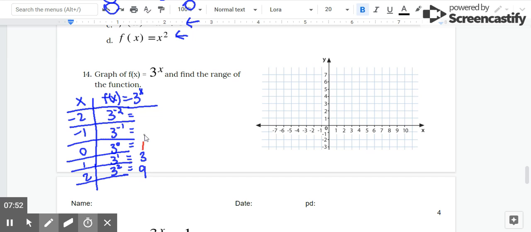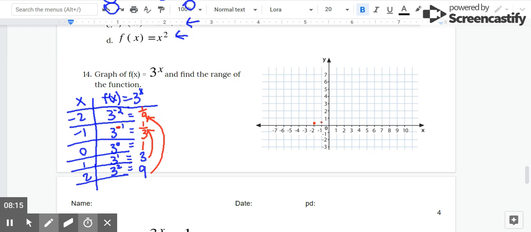So this is the tricky part. If you have a negative in the exponent, that means you flip it. Flip 9, flip 3. So let's plot it. Negative 2, it's 1 over 9, so it's really close to 0, but not 0.